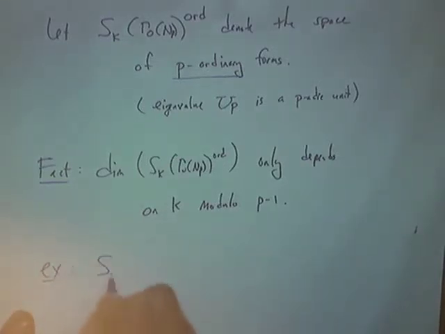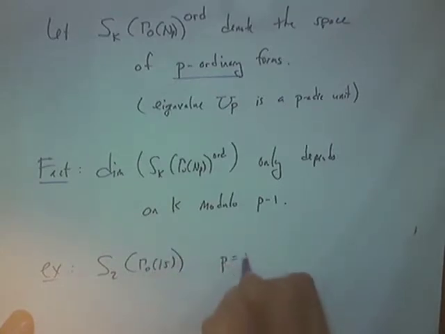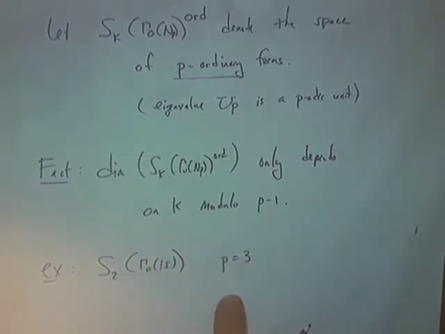So here's an example. Let me take cusp forms of level 15, p equals 3. So I'm going to look at even k, otherwise things would be vanishing. So then the condition of k modulo p minus 1 is kind of vacuous here. This is one-dimensional.